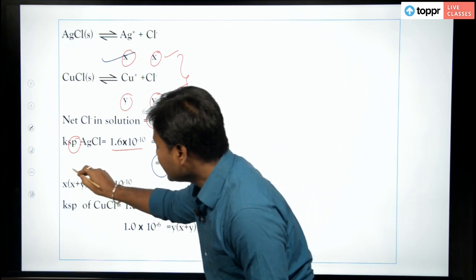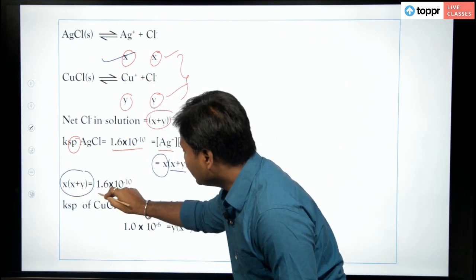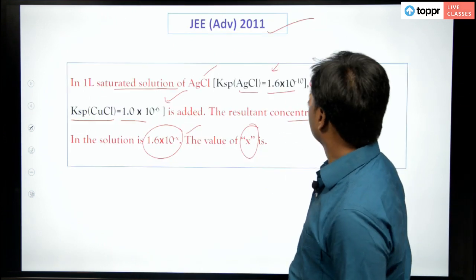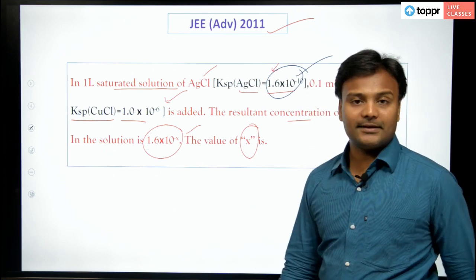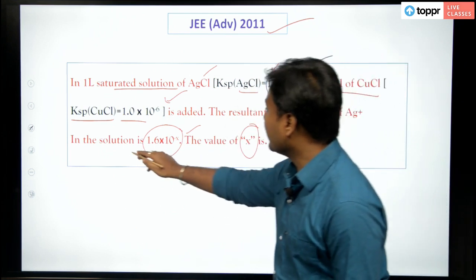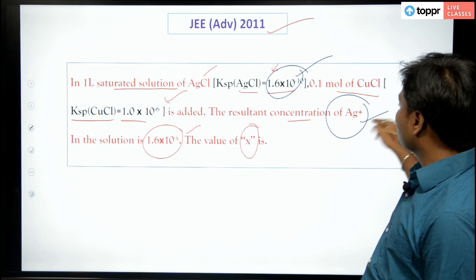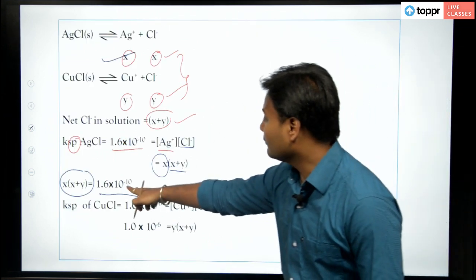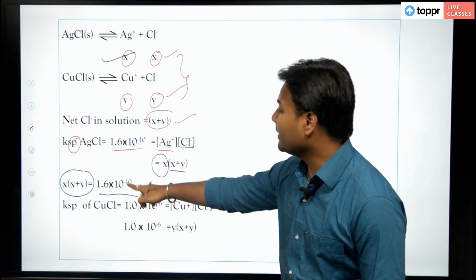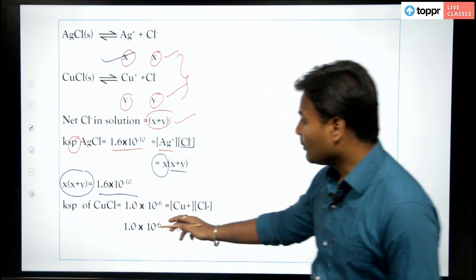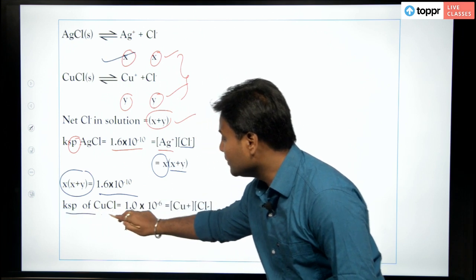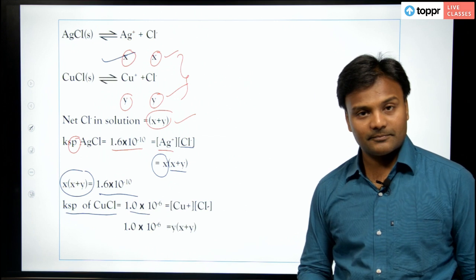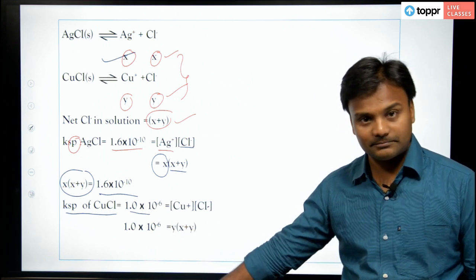So, I can say x into x plus y is 1.6 into 10 raised to minus 10. This is given for AgCl, because you are asked to find the resultant concentration of Ag plus ions. Now, Ksp of CuCl is 1 into 10 raised to minus 6, again given in the question.